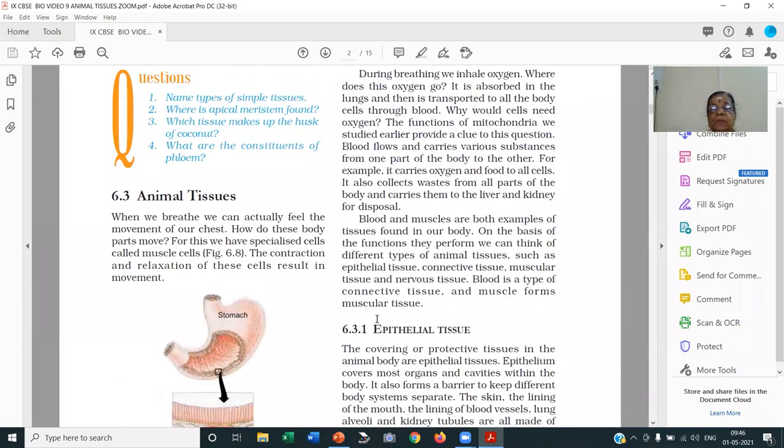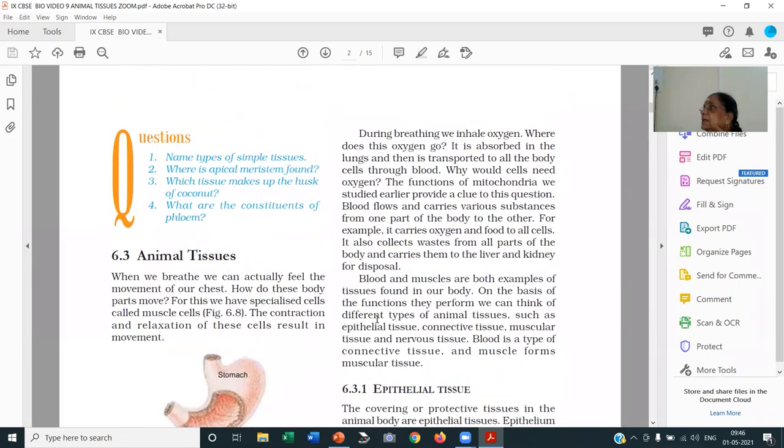I hope you follow. Now we say during breathing, we inhale oxygen. It is absorbed in the lungs. This is line number one. During breathing, we inhale oxygen, it is absorbed in the lungs and then is transported to all the body cells through blood. Why would cells need oxygen?